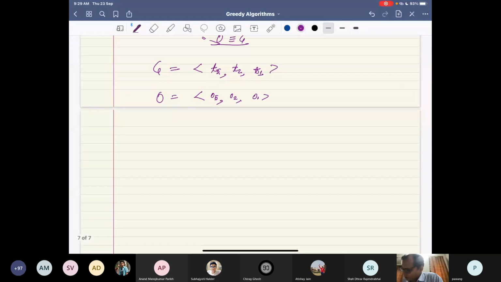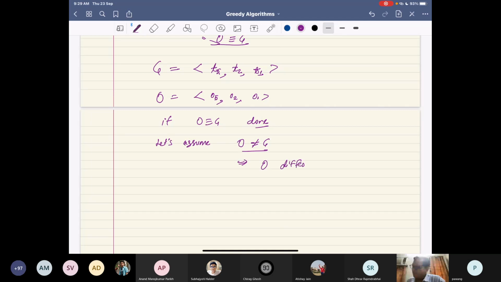So if O is the same as G, you are done. Nothing to be proven. But in the general case, let's assume that O is not the same as G. That means it will differ from G at least in one of the 3 points.